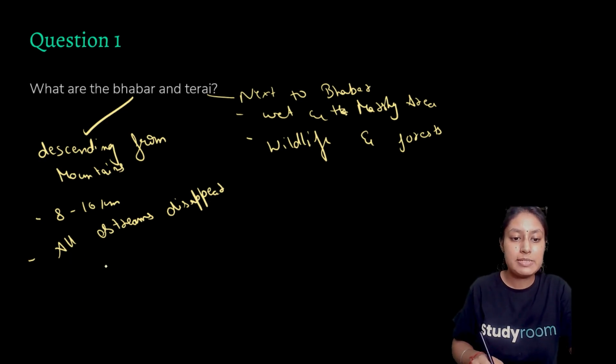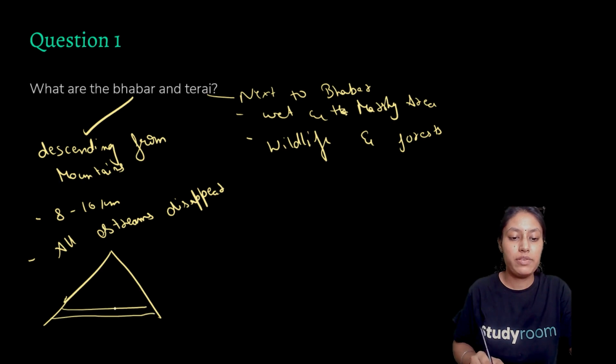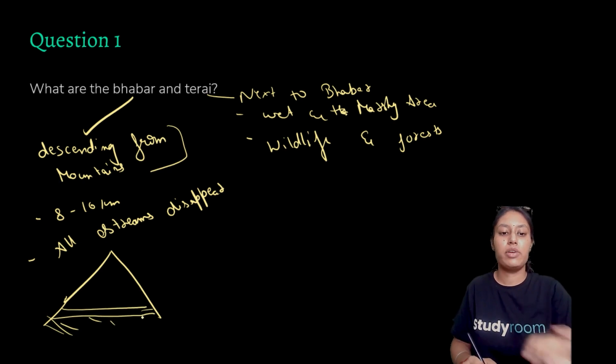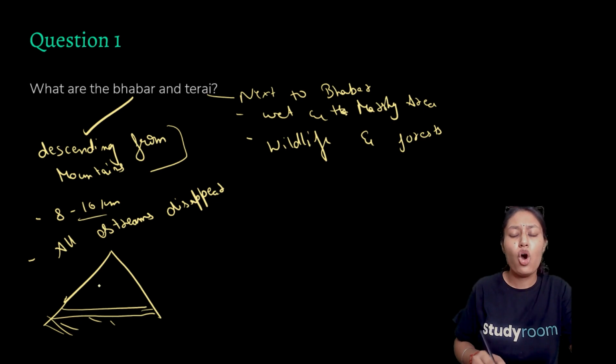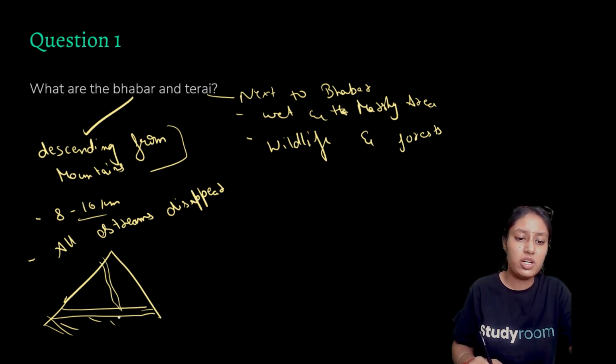Bhabar lies after the Shivalik range, descending from the mountains. It has a width of 8 to 16 kilometers, and all the streams coming from the mountains disappear in this area.